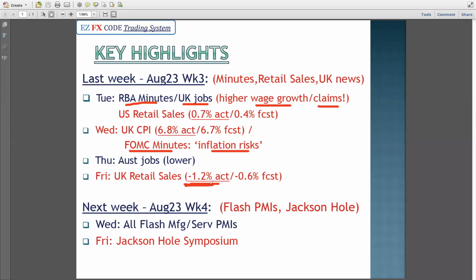So we'll see how this will play into their meeting next month. While for the Australian economy, the jobs picture is also weakening. So that's why it's also pushing the Aussie dollar lower.